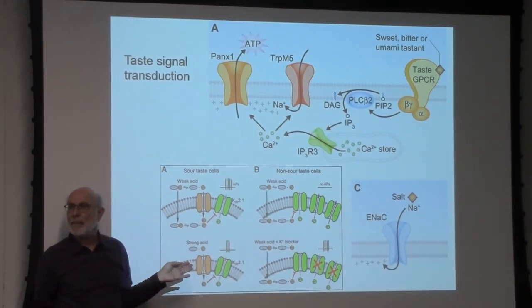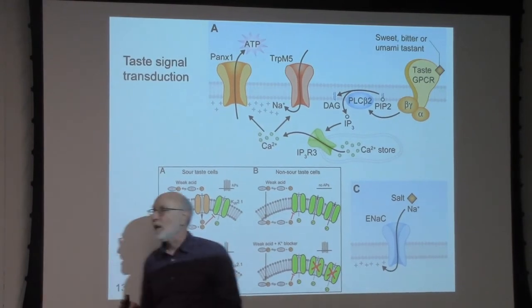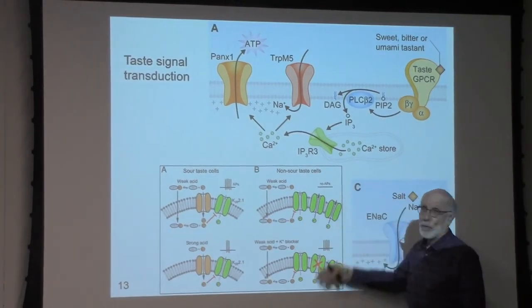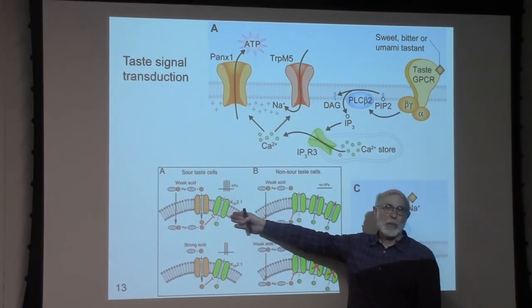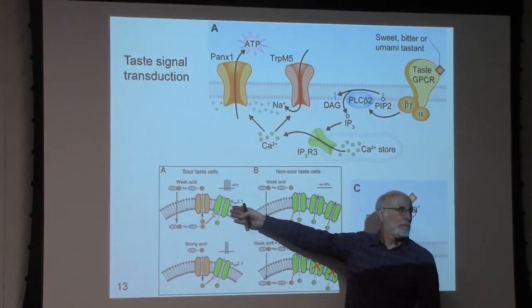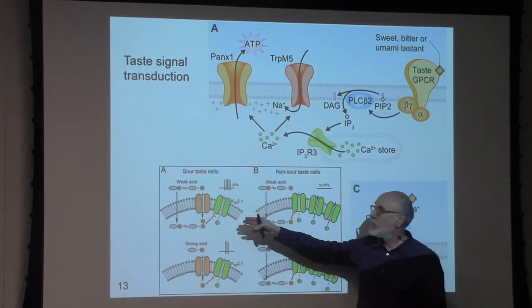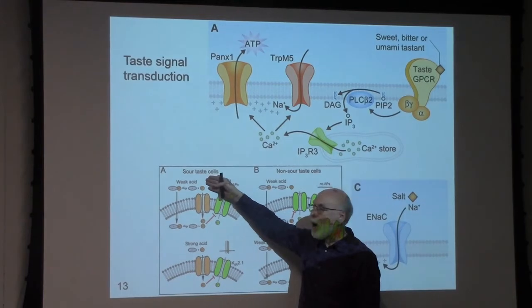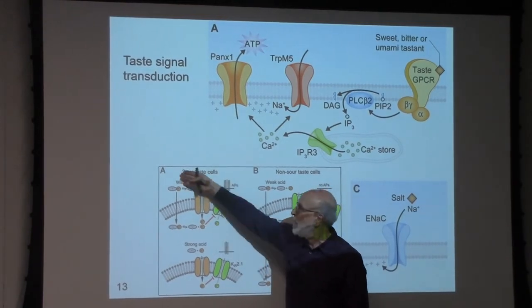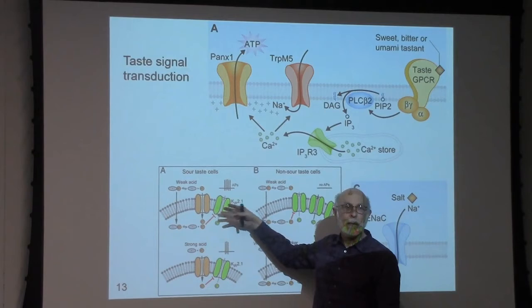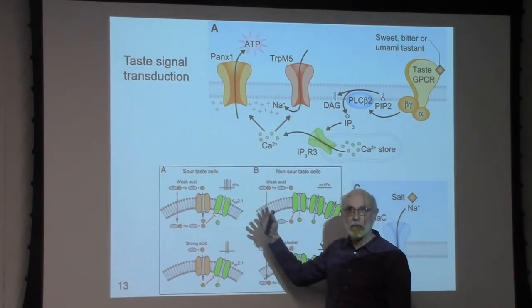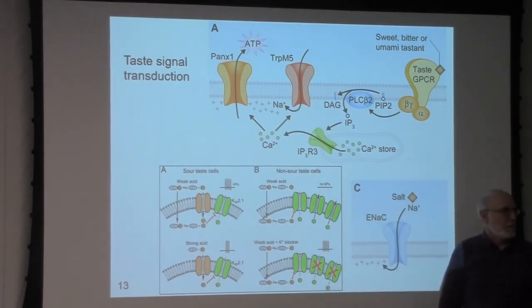Everything else is the same, or close enough. So you can just cross out the rest of these cartoons and just focus on this one. I probably should have done that for you, you can do that too. Okay, sour: acid influx, block of a K-channel, depolarization, neurotransmitter release from the receptor cell.